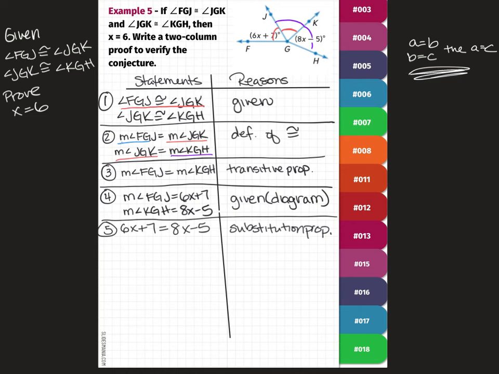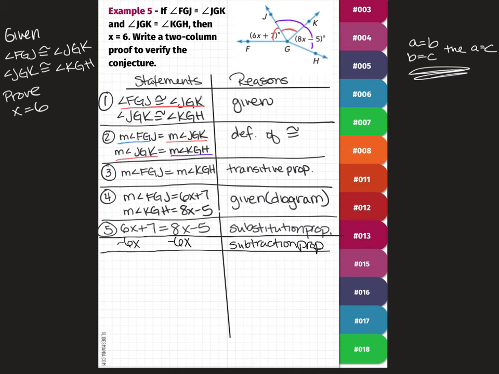So the first thing I'm going to do is subtract 6x from both sides. And that's going to be the subtraction property that allows me to do that.